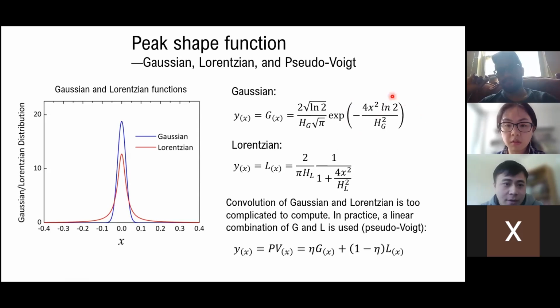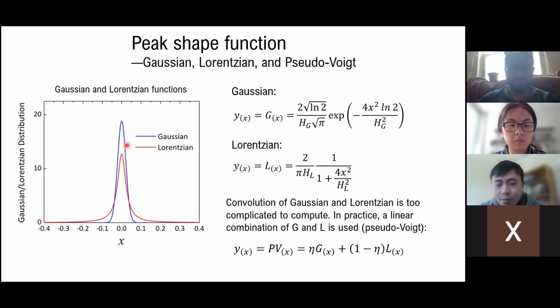And we have a quadratic relationship relating to the deviation from the equilibrium position. So this is the typical Gaussian function.